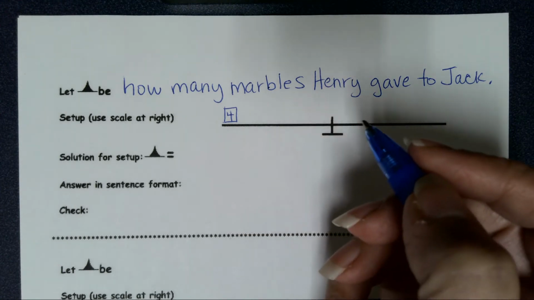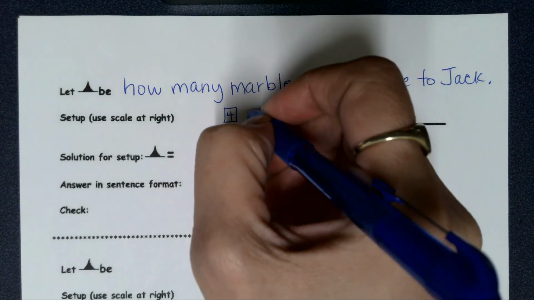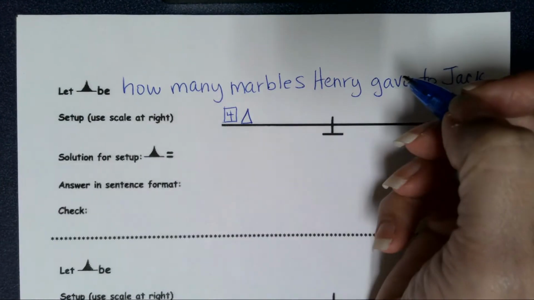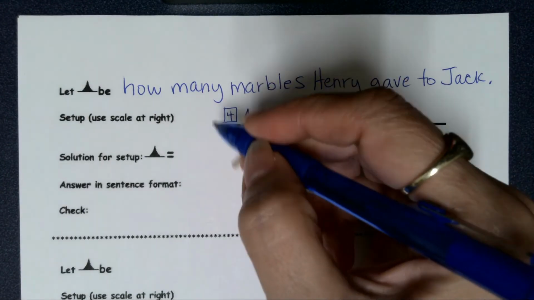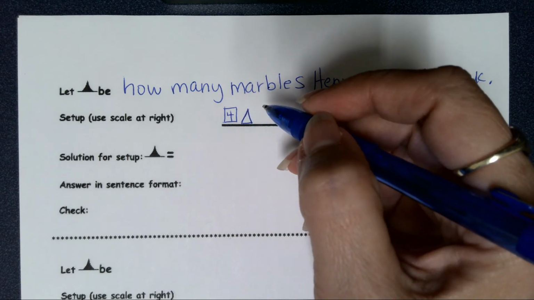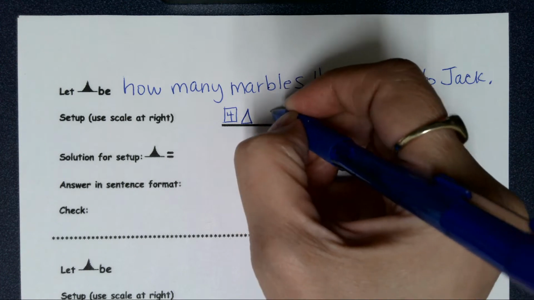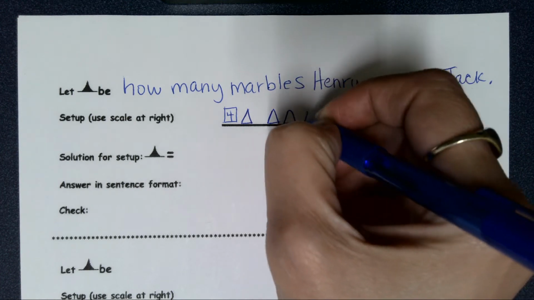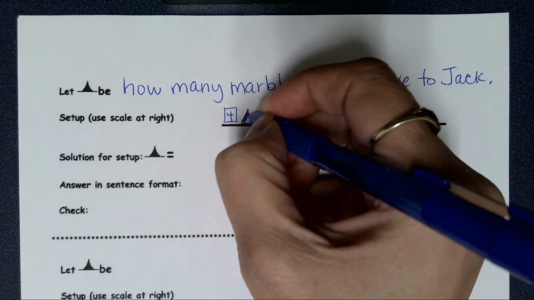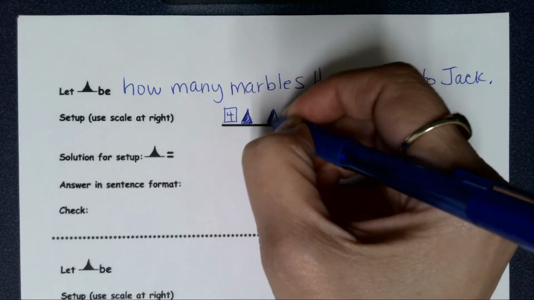So if Henry gave Jack pawn, the number of marbles Henry has left is 3 pawns. I'm going to shade these in so we don't mistake them for stars.